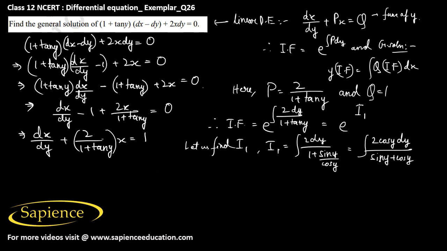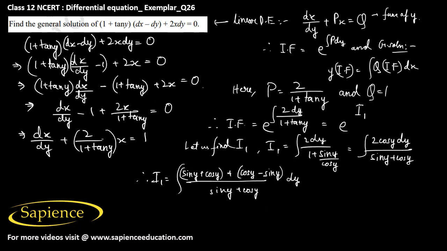Therefore this I1 can be written as integral of (sine y plus cos y) plus (cos y minus sine y) divided by (sine y plus cos y) dy. So I1 can also be written as integral dy plus integral (cos y minus sine y) divided by (sine y plus cos y) dy.